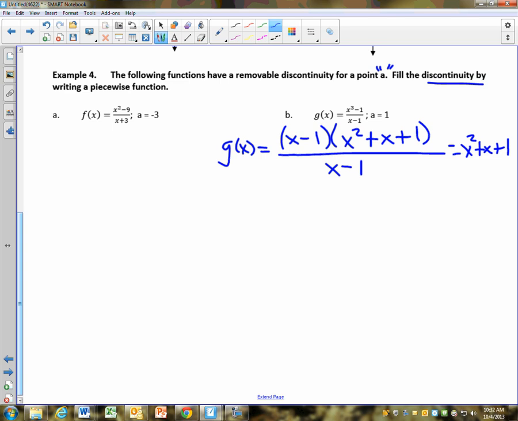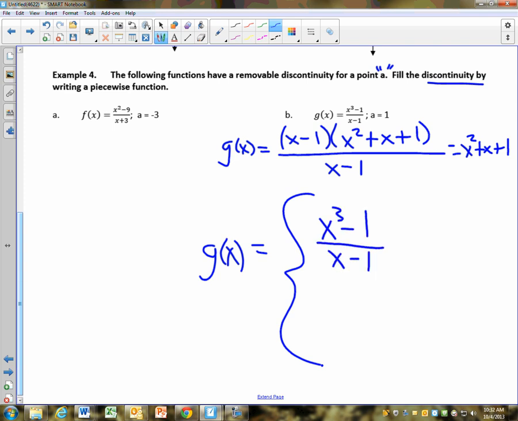So, we'll use that to our advantage. So we'll write a new function, g of x is equal to, and we put our original function back in there. For that function, what is the one value that you cannot plug in for x? x can't equal 1 for that.